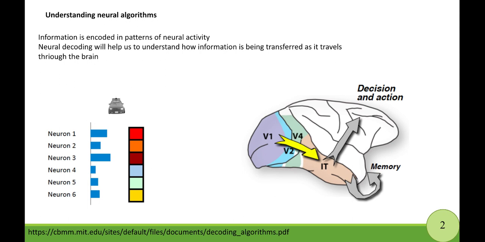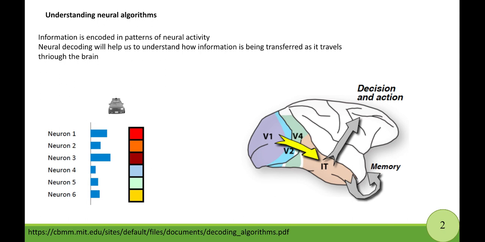Imagine we want to measure a response from some sensors that we implanted in any of these regions, but for now, imagine IT. In this simple case, we have 6 neuron sites where we implanted those sensors, and we're recording the activity of those neurons and how much they're firing by showing them some stimulus.